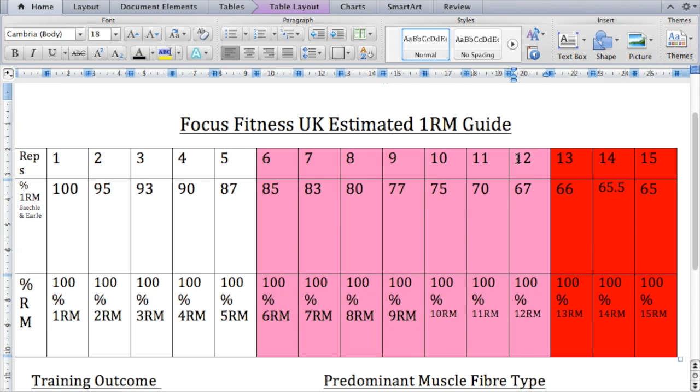So if I'm going to do forced repetitions for 12 reps, your assessor will be looking for you to pick something along the lines of 75% of the 1 rep max, which means your client could do 10 reps by themselves, and you would have to help them with spotting rep 11 and rep 12.